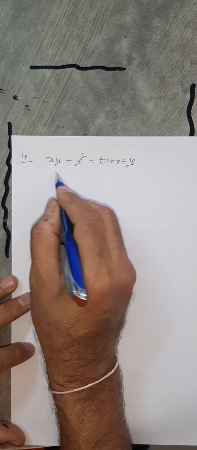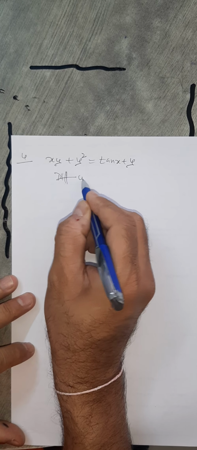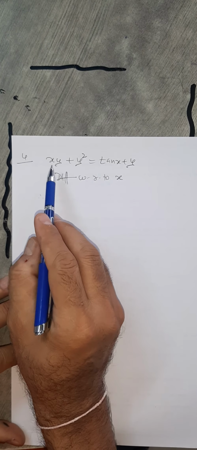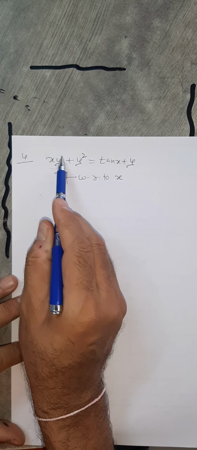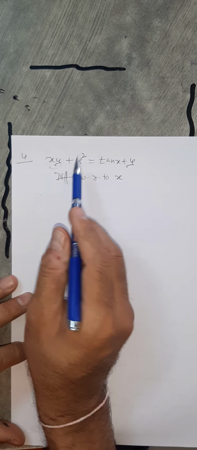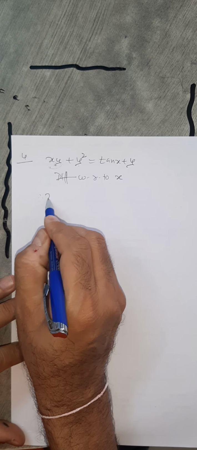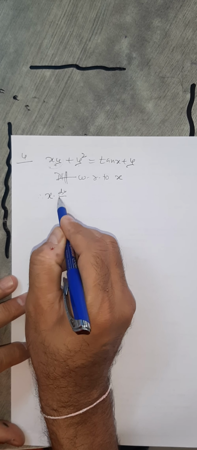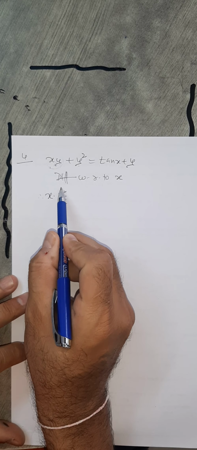So we write one line, differentiating with respect to x. Remember, here you have product of two functions, product rule. This is just y square, that you know. So here I am going to use the product rule. x as it is, differentiation of y, dy by dx, derivative of y with respect to x.